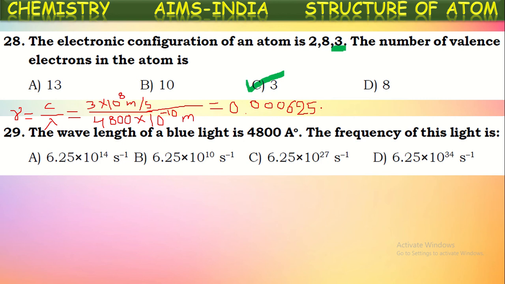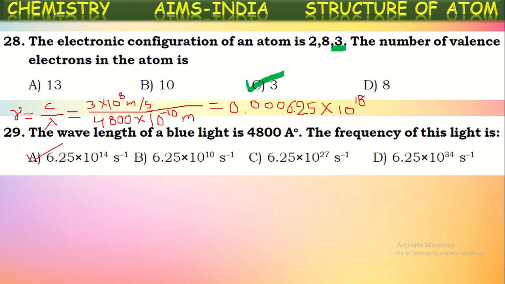If you divide this 3 by 4800 into 10 to the power of minus 10, if you bring this 10 to the power of minus 10 to the numerator, it becomes 10 to the power of 10. 10 to the power of 10 into 10 to the power of 8 becomes 10 to the power of 18. Now if you adjust the decimal to 6.25, then it becomes 10 to the power of 14. It is equal to 6.25 into 10 to the power of 14 second inverse.